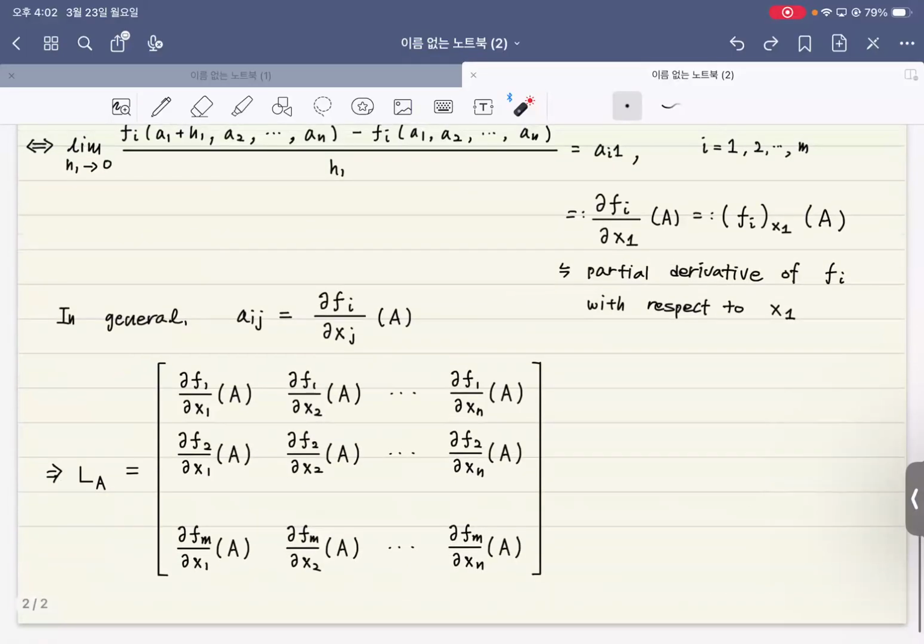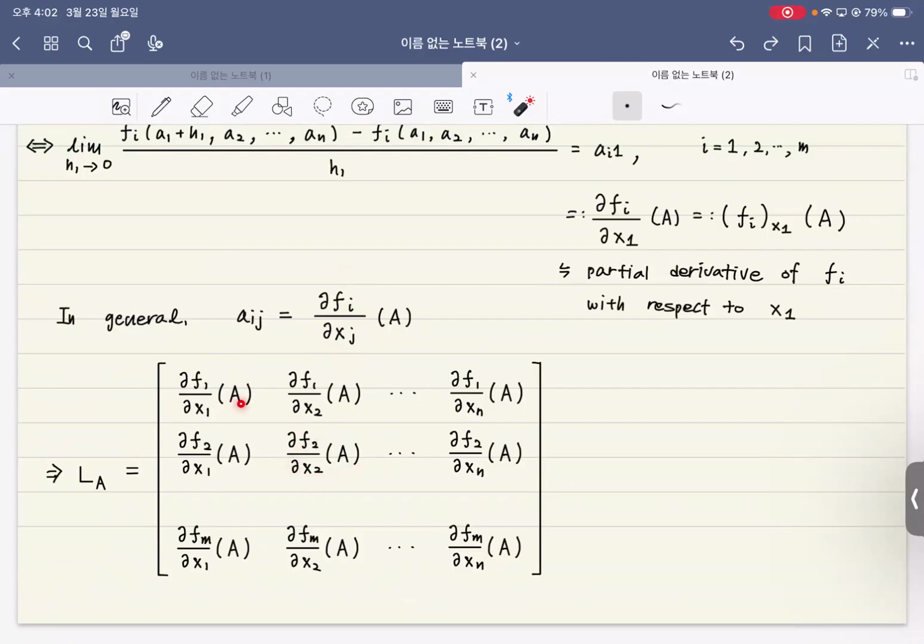That is, the entry in the i's row and j's column is obtained by taking the i's component function of the original function f, taking the partial derivative of that function with respect to the j's variable, and evaluating it at point A. Then that is how you get this entry.